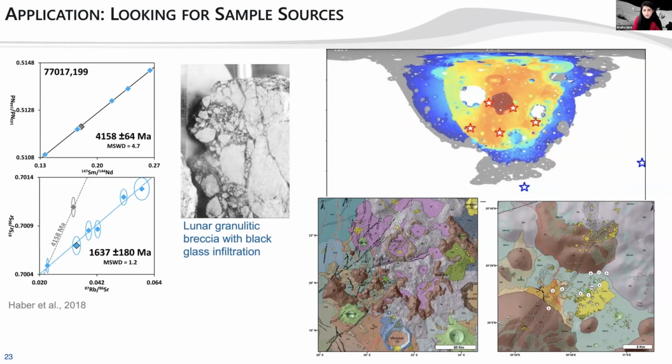This is where we are also using these geological maps with spectral data and with certain modeling, which looks at the distribution of this data, and then we correlate all this information to investigate different sources of the sample.